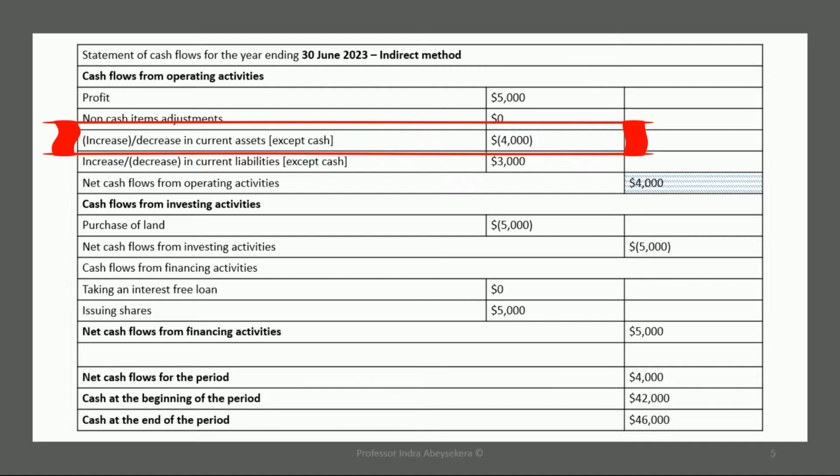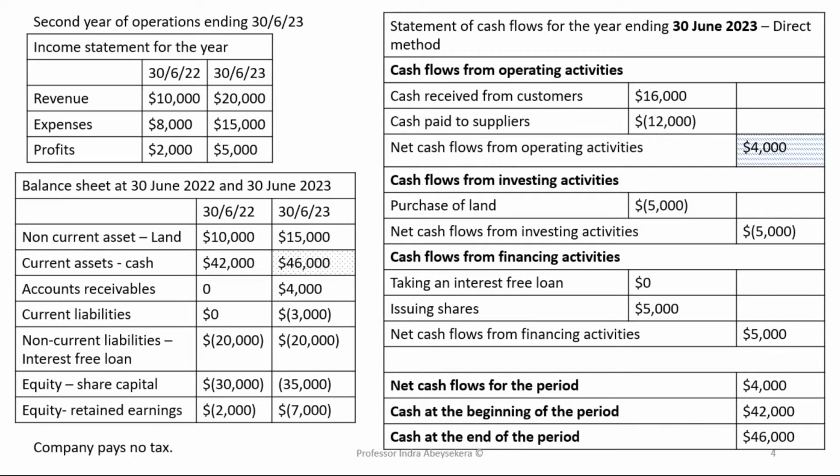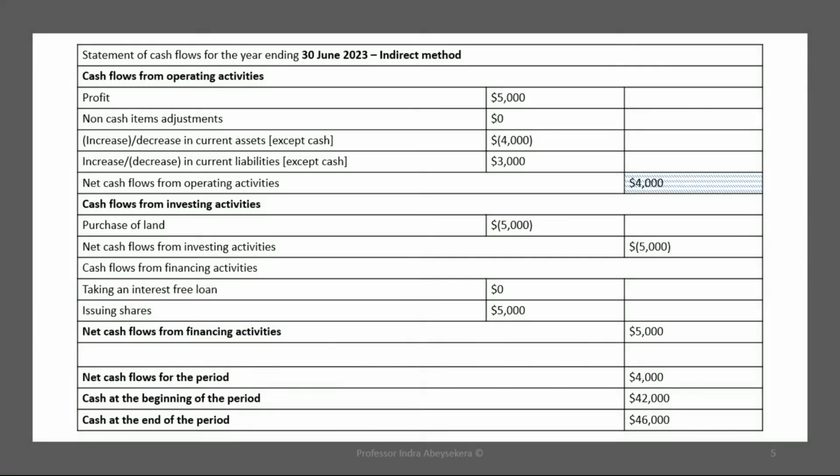The current liabilities show that there's $3,000 worth of current liabilities. That means the current liabilities from the previous year to the current year have increased by $3,000 because in the previous year we did not have any current liabilities, but this year we do, and those current liabilities are holding the cash without paying.